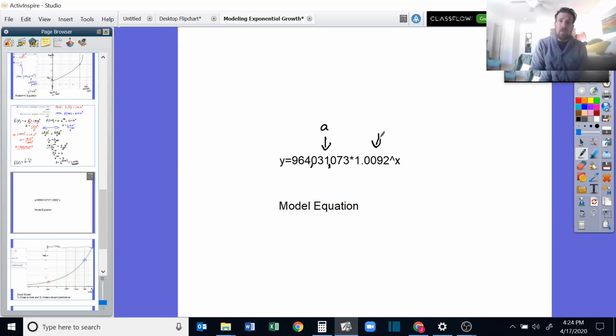And this tells me my B, which is basically 100% plus about 1%. This is 0.9%. Not quite 1% per year. That's my growth rate. So this is my A times my B to the X. It tells me my population is growing by about 1% per year.